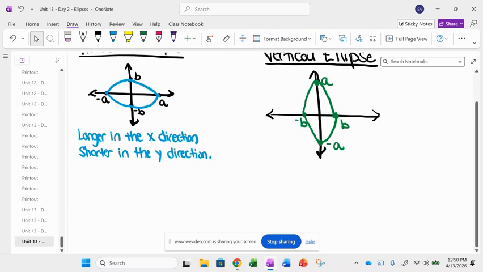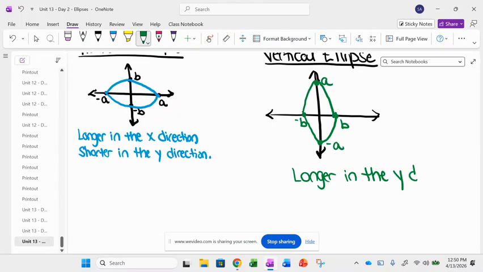And so for a vertical ellipse, we're going to be longer in the y direction and shorter in the x direction.